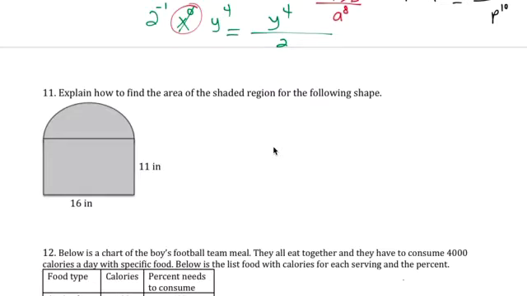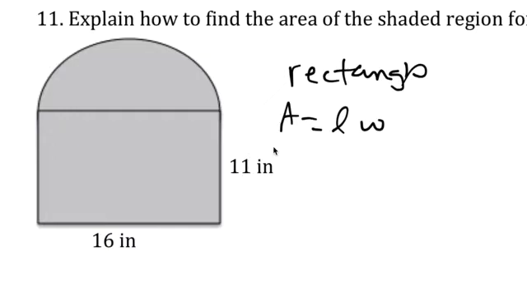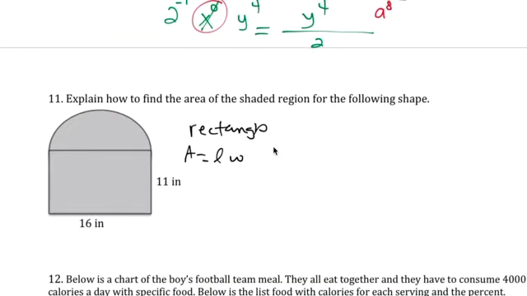Right, find area of the shaded region. Okay, let's do the rectangle first. Area of that is just length times width. Explain. Okay, explain.